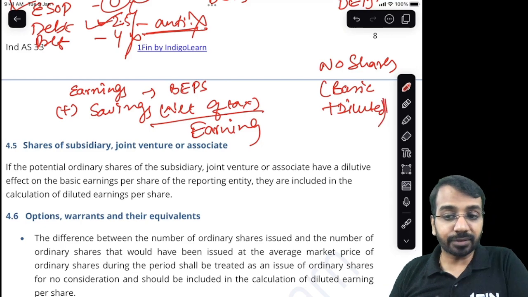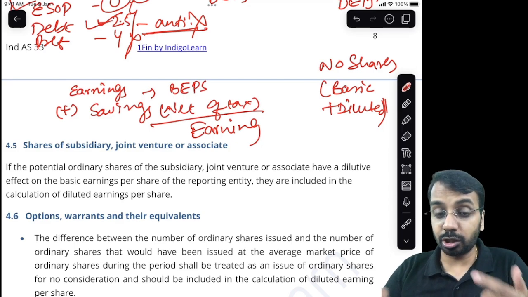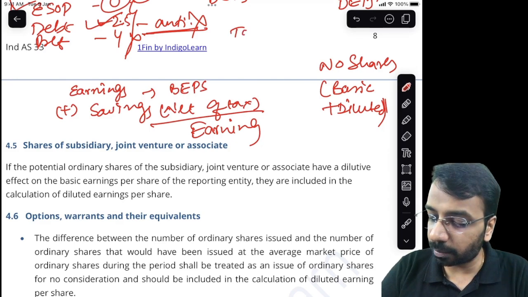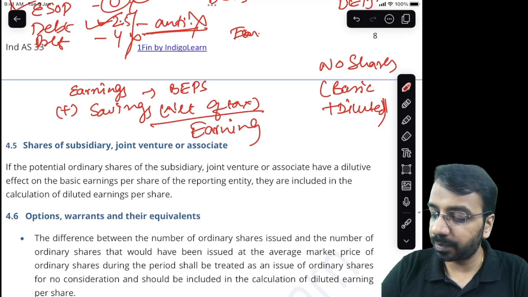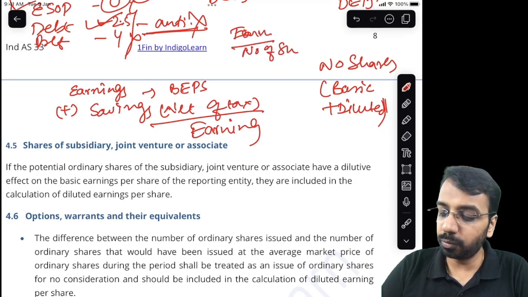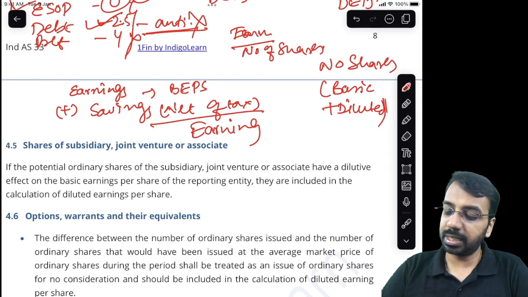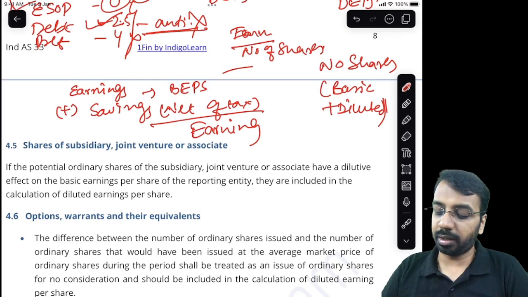If the EPS after conversion increases, it is not dilutive, it is called anti-dilutive. In the examination, to check, what you can do is you can take the total earnings divided by number of new shares. Increased earnings divided by number of new shares, that will give you the diluted earnings per share.